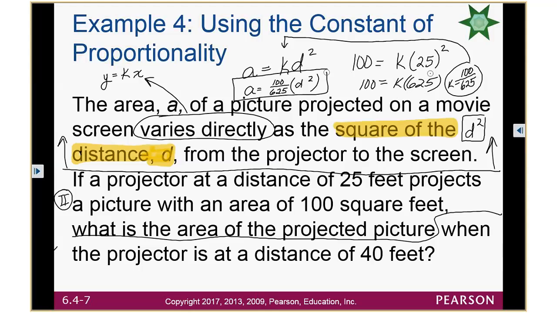You take that more information, this is more info, and what do you do with the more info? You plug it in. So somebody take 40 times 40, which is what, 1,600? And multiply by 100 over 625. You didn't just ask that.